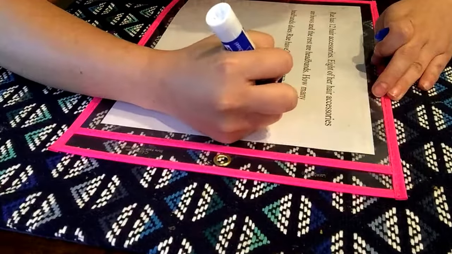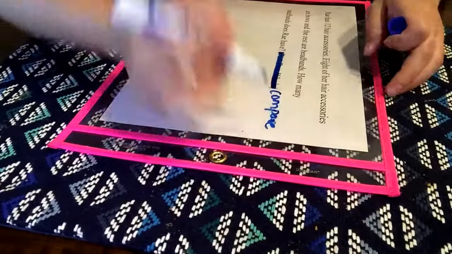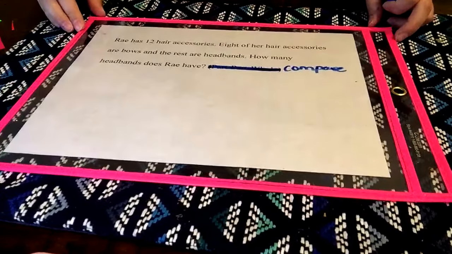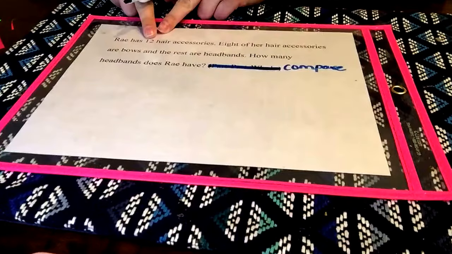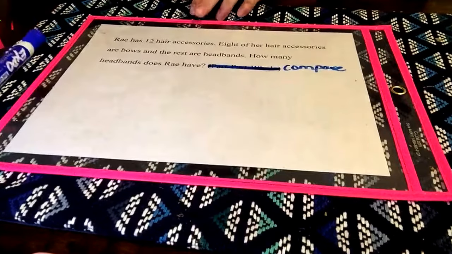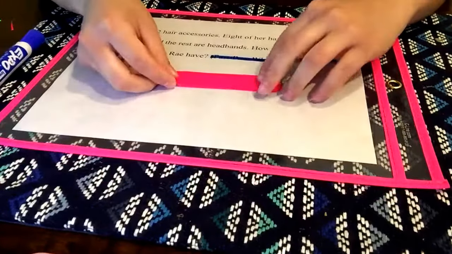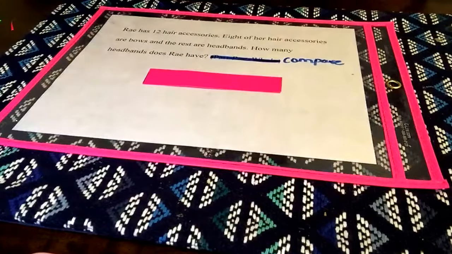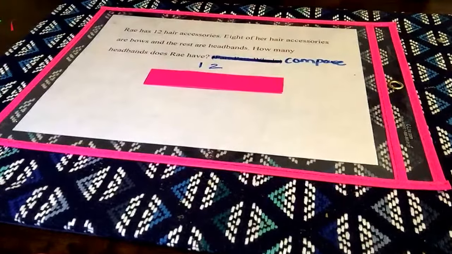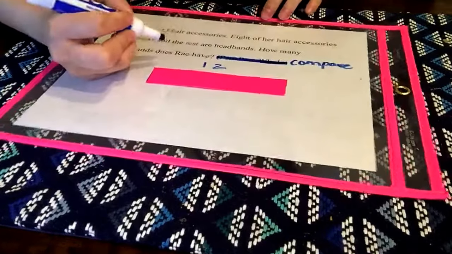I'm going to write it right here off to the side. So we are using a compare problem. So in this problem, we are trying to find the difference between the large and the small set. So we do know that she has a total of 12 hair accessories. Okay, so this is our larger amount.